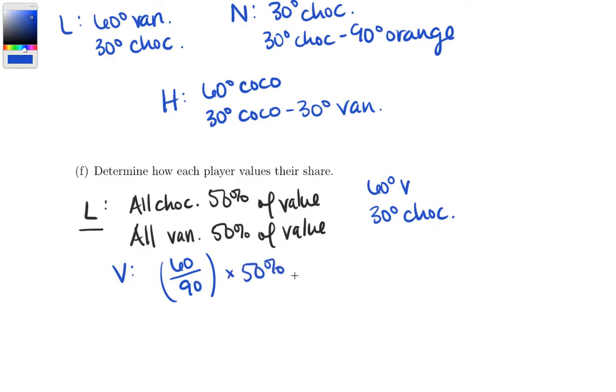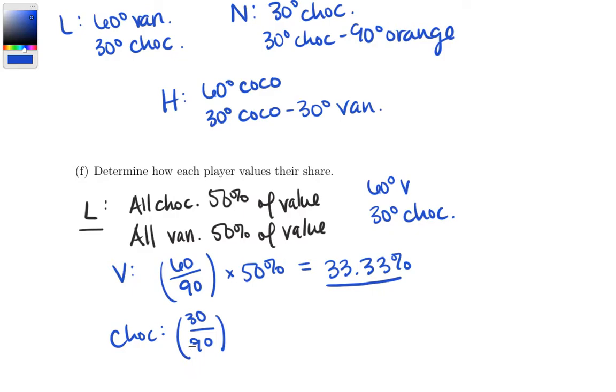and we're multiplying it by that 50%, and when we multiply it out, so 60/90ths of the 50% is, rounded to 2 decimal places, 33 1/3% of the value. And the chocolate portion, she had 30 degrees out of a total of 90 degrees of chocolate available in the cake. That was 50% of the value.